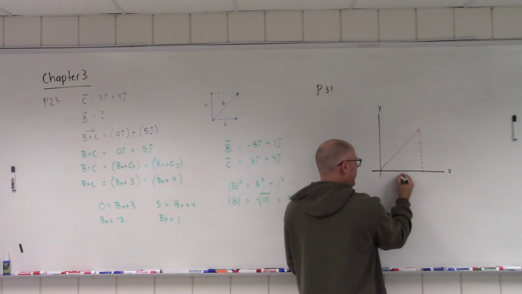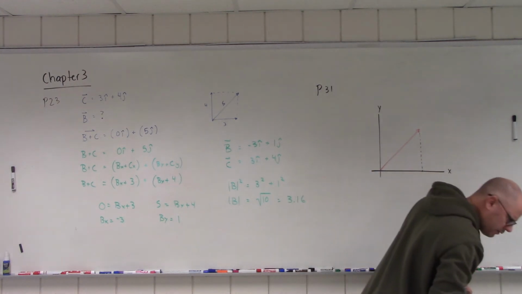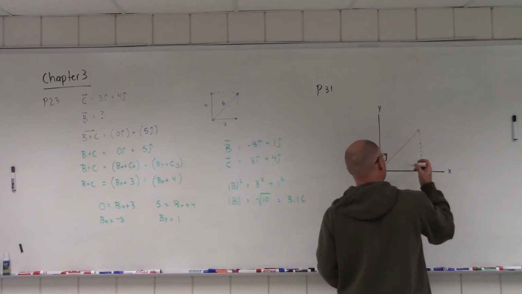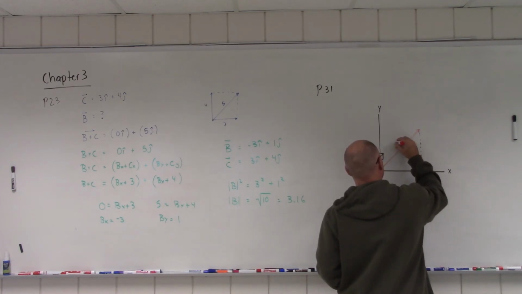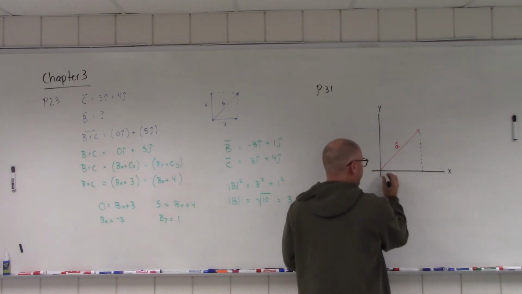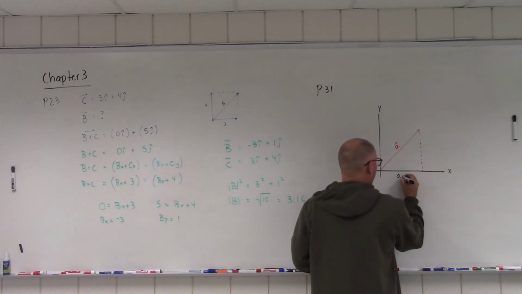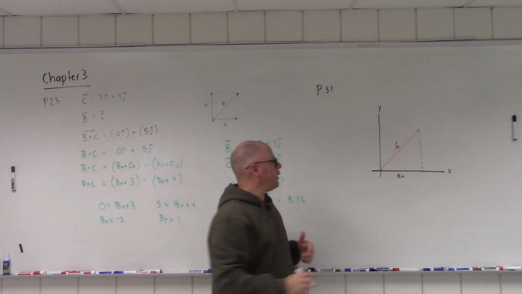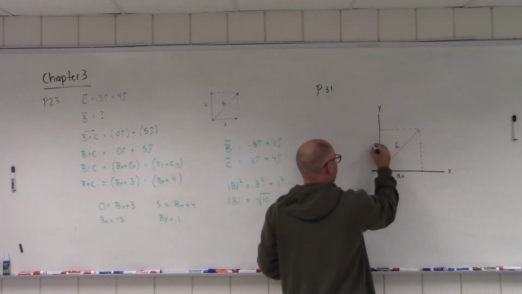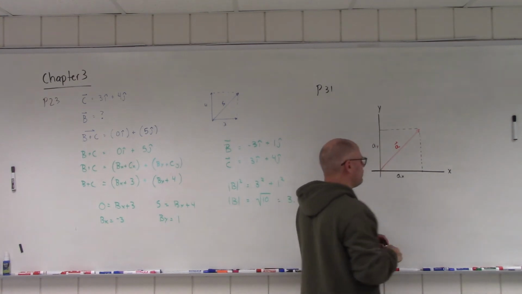this vector is A. That vector is A. So this right here would be the A x component. That distance would be the A x component. And then this distance up here, that would be the A y component.